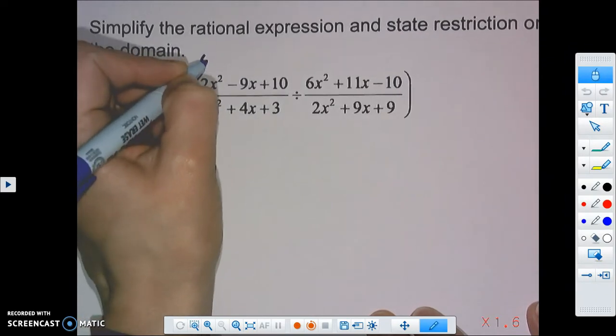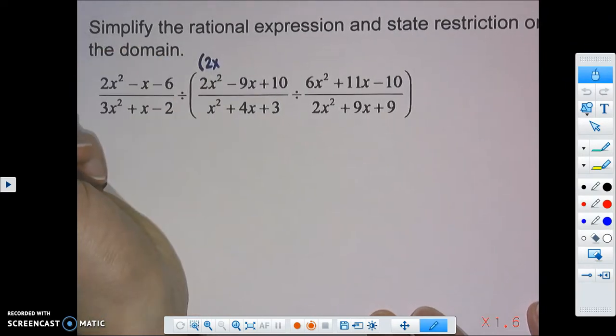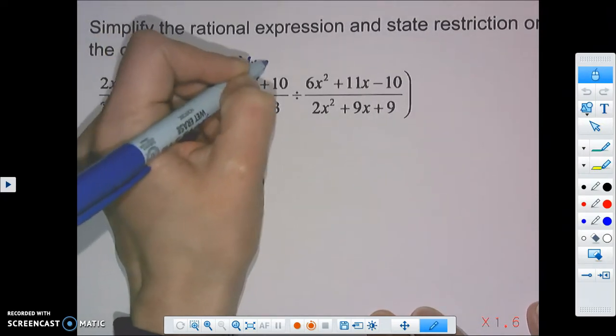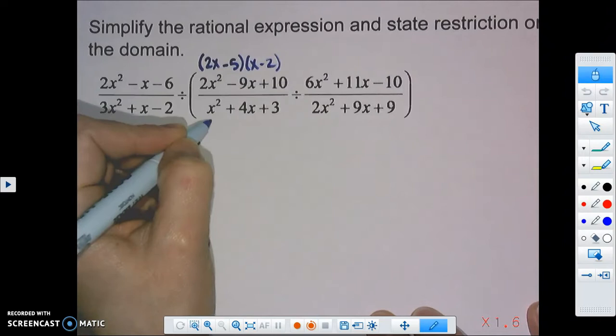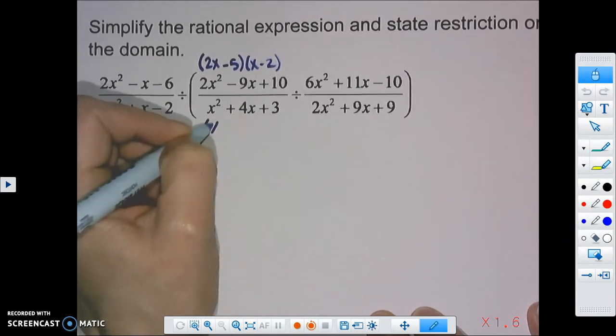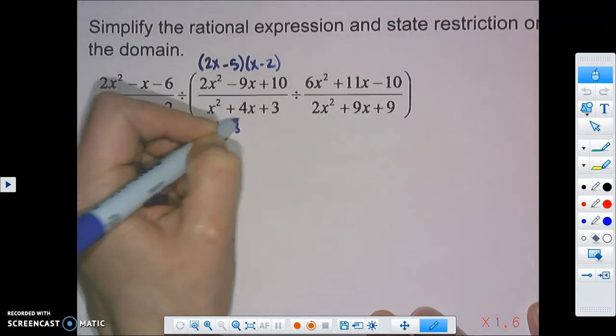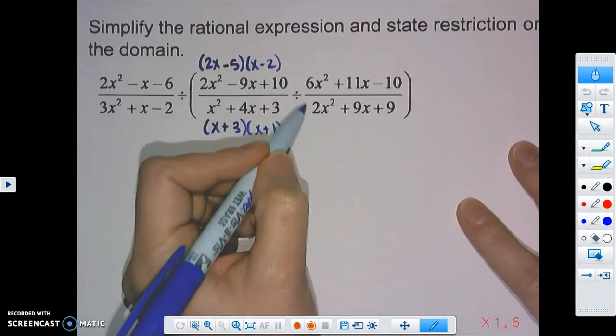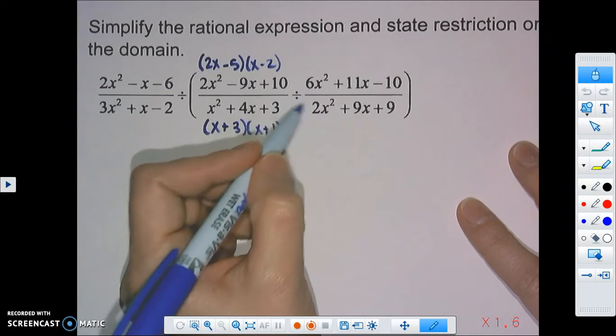So here we would factor 2x squared minus 9x plus 10 into 2x minus 5 and x minus 2. X squared plus 4x plus 3 would factor into x plus 3 and x plus 1. I'm going to flip these as I'm factoring since it's division.